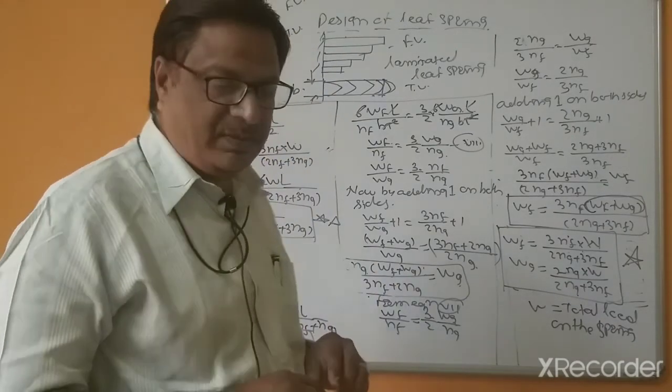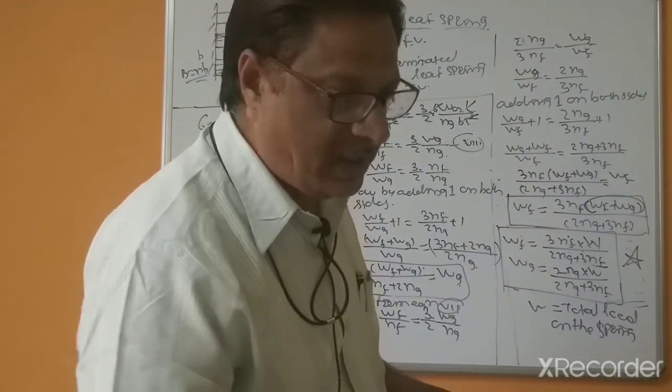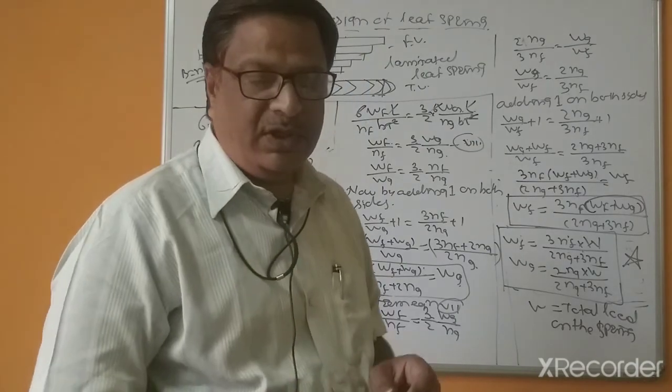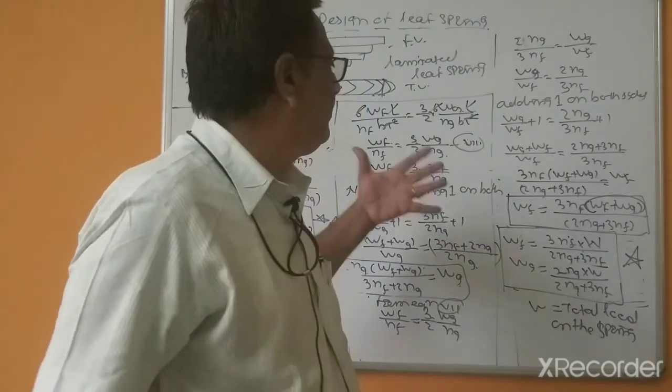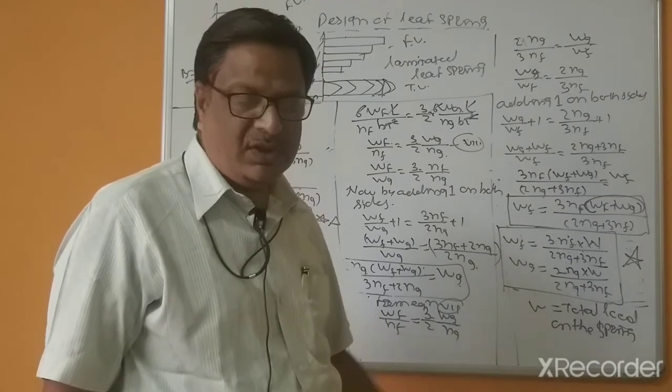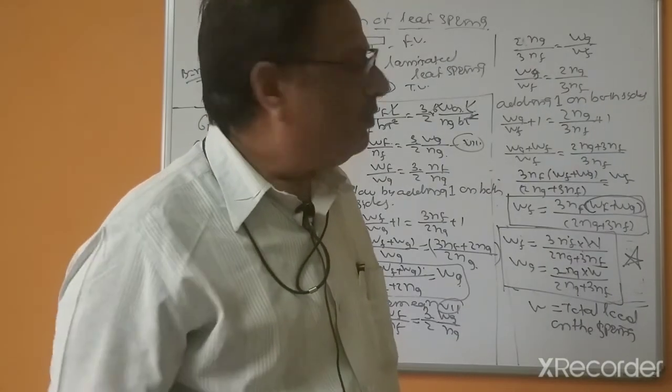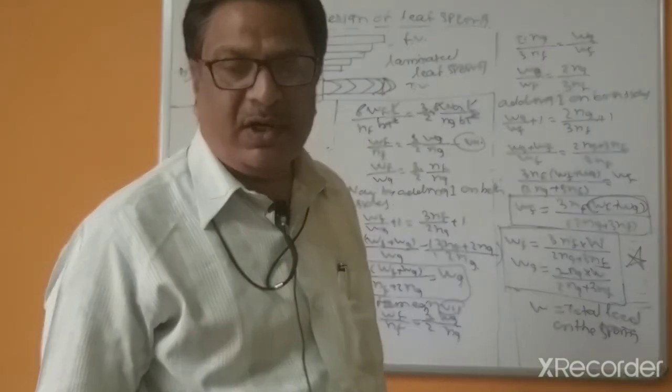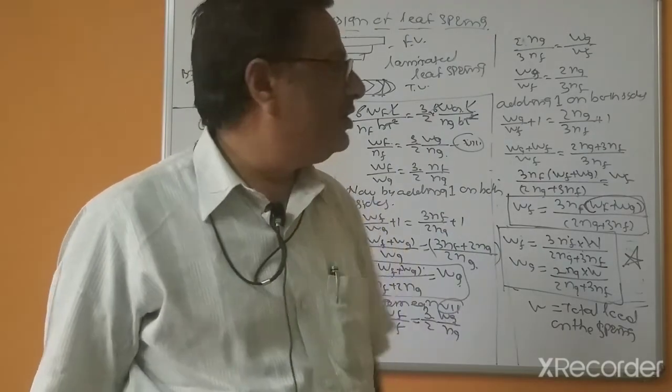Because of the limitations of time, today I stop here. Nipping and shot peening, some of the theoretical parts related with the springs are remaining, that we will see in the next class.